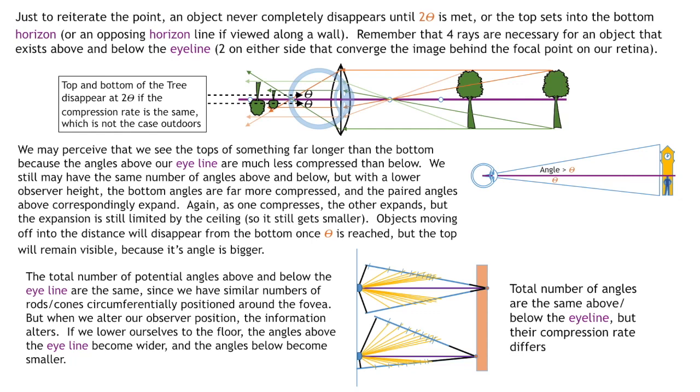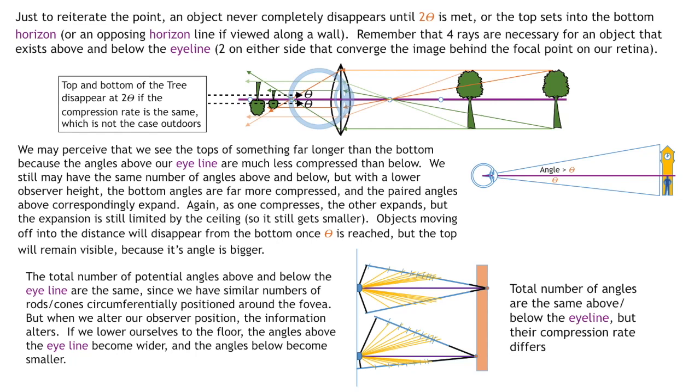It just doesn't keep expanding, in other words. Objects moving off into the distance will disappear from the bottom once theta is reached, but the top will remain visible, just like we've talked about, because its angle is bigger. As it moves off into the distance, it will continue to set into that lower horizon line, either until its theta angle is met, or it just completely disappears, one or the other.